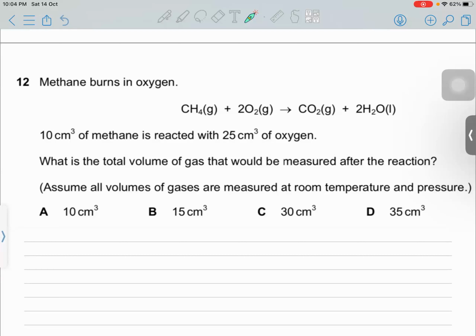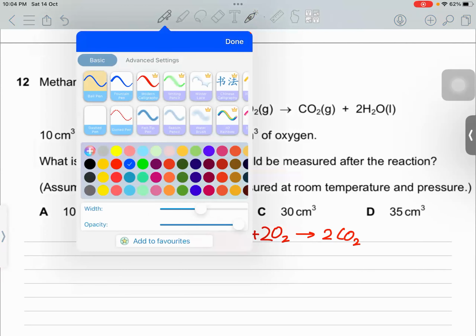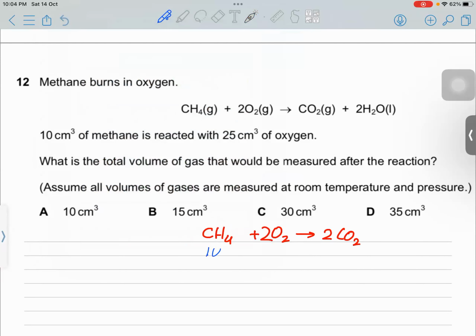Now, which one is the limiting reactant? Sir, CH4. CH4 is the limiting reactant. So we have 10 cm cube, and this is the limiting reactant.